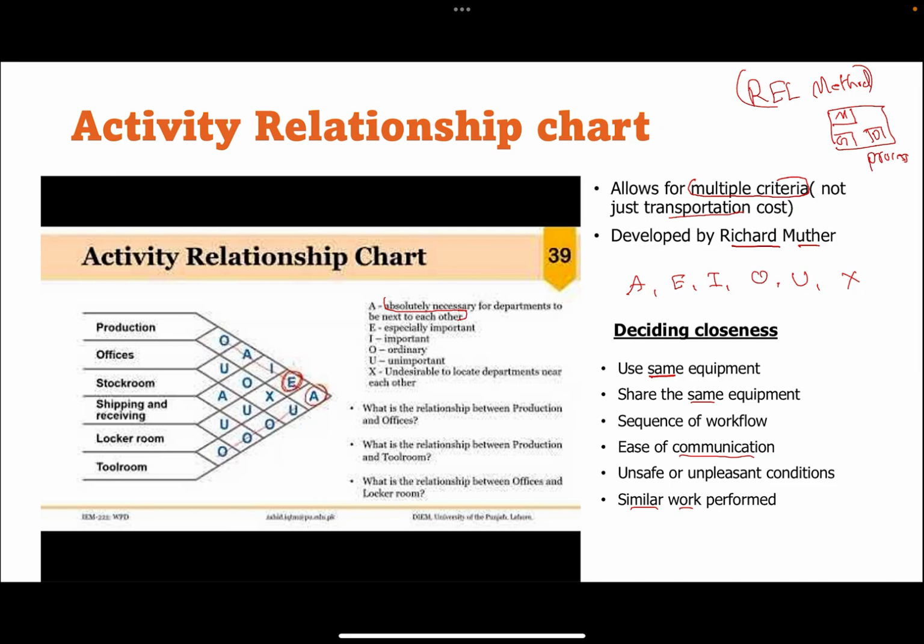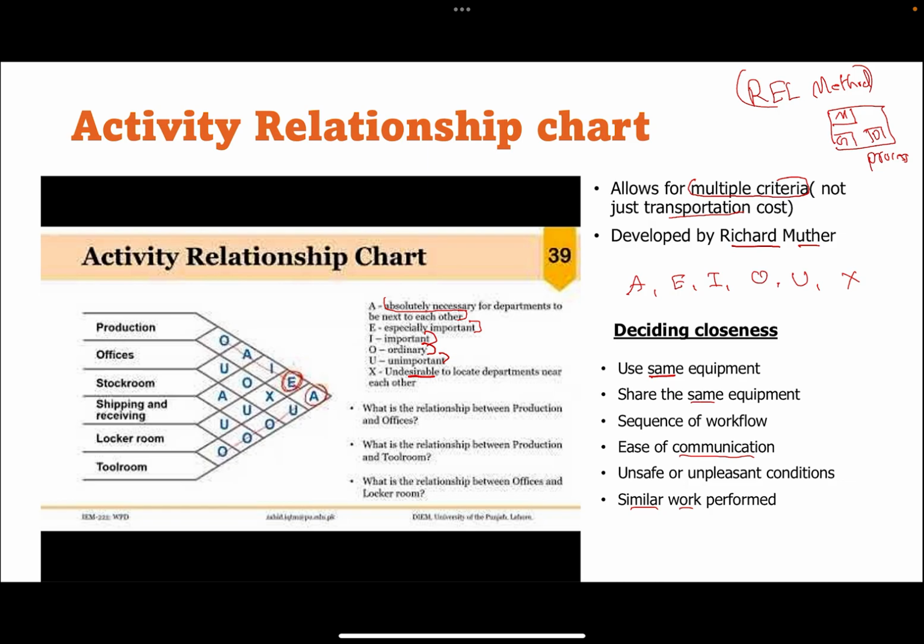E means it is especially important, but not as important as A. I is important. O is ordinary, there is only ordinary importance. U is unimportant. And X is undesirable, that means the departments should not be close to each other. So these are the closeness ratings, from A, E, I, O, U, and X.